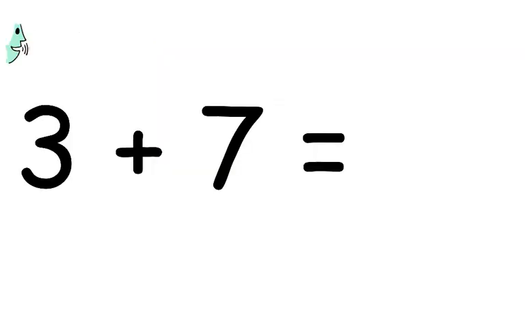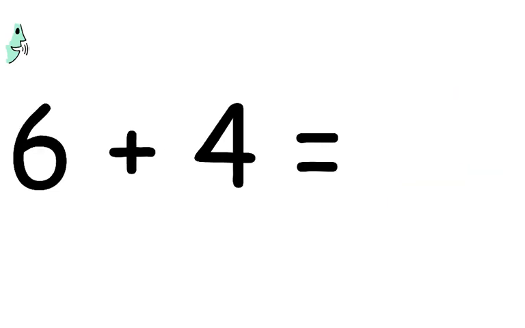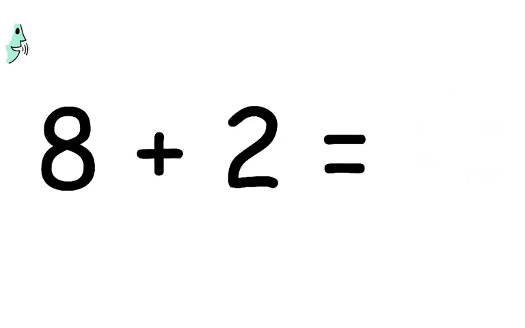All right, here's our warm-up. I'm going to read the equation, you're going to read the equation, and say the answer. Here we go. 3 plus 7 equals 10. 6 plus 4 equals 10. 8 plus 2 equals 10.